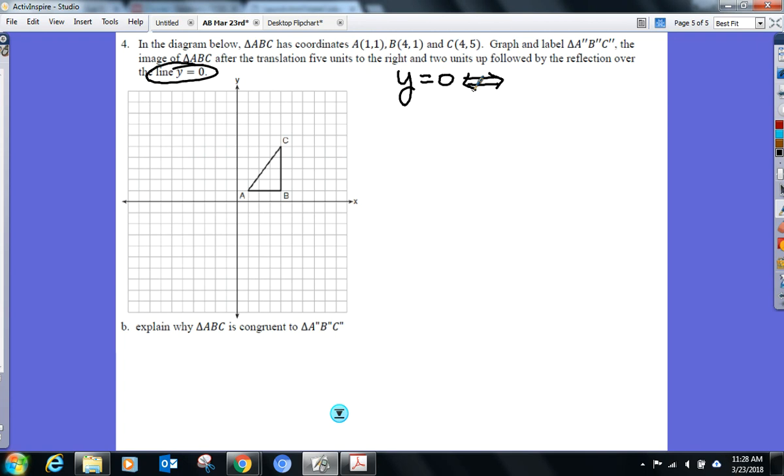Think about it. You guys know this. Y equals any number is what type of line? Horizontal line, so it can't be the y-axis. It's the x-axis. So go ahead. I need you guys to plot triangle A double prime, B double prime, C double prime. And then I'll ask somebody for the coordinates.